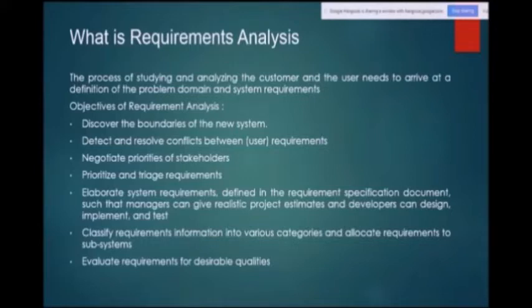So this is the whole objective of requirement analysis which we do after the requirement gathering has been done. So evaluate requirements for desirable qualities, whether the requirement has that quality in terms of implementation, in terms of any repercussions in future feasibility.